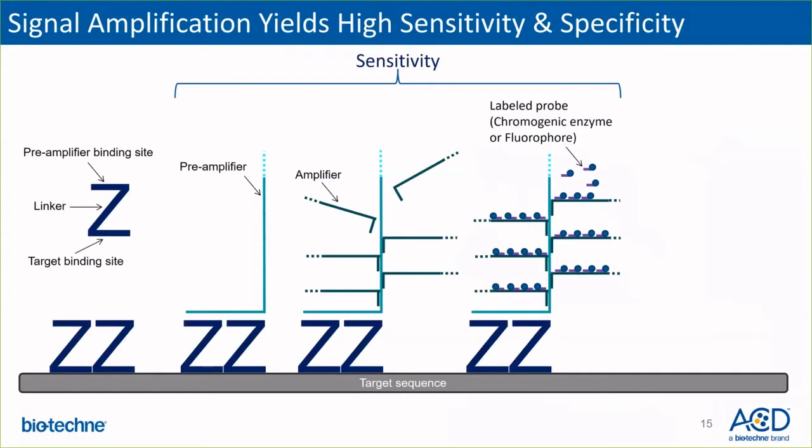The labeled probes can also contain fluorophores that allow for visualization of the signal under fluorescence microscope. The signal amplification strategy provides for visualization of target as single dot, where each dot represents an individual RNA molecule.